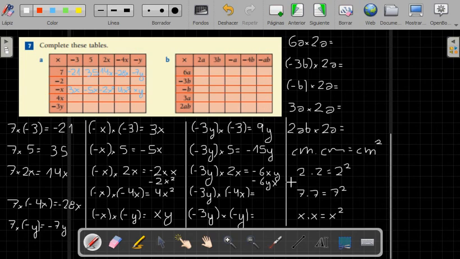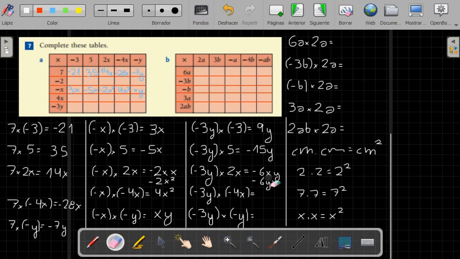Aunque no lo crean, en matemáticas se ve más bonito escribirlo en orden alfabético, se ve mucho mejor, más presentable. Si alguien lo escribe así, pone menos 6 y x, está bien también, no tiene nada de malo. Después de todo, es una multiplicación, en la multiplicación el orden de los factores no altera el producto. Entonces, los dos son totalmente válidos.